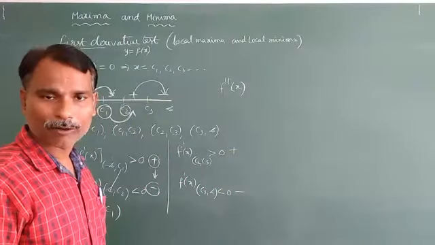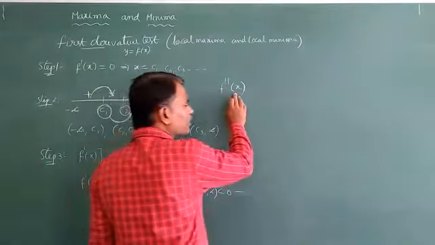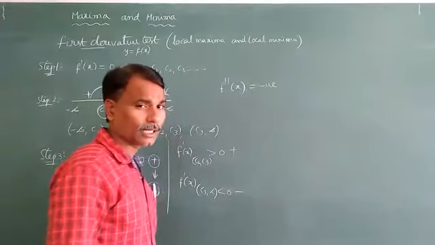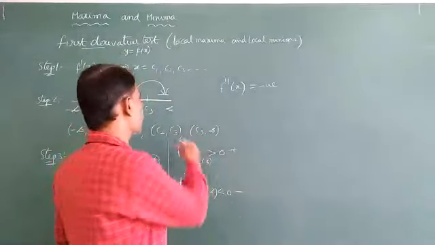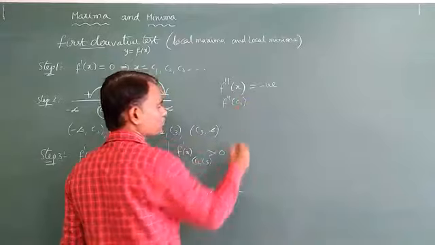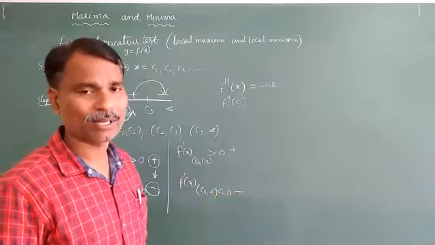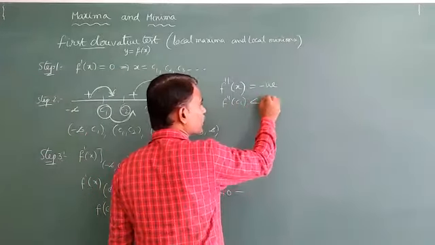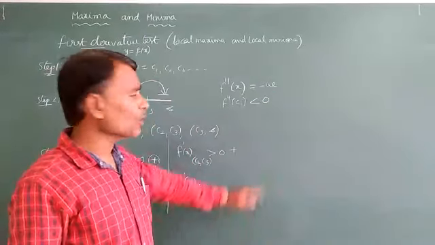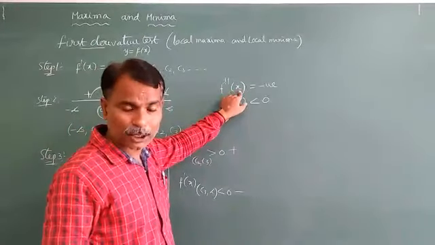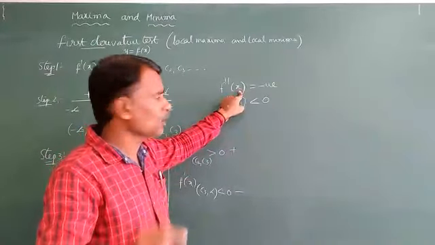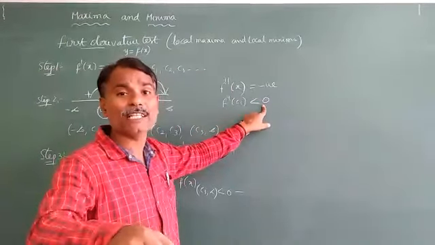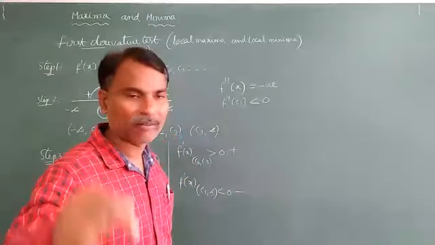Take the double derivative at the critical point, that is, f double dash of c1. If the f double dash of c1 value is negative, that is less than 0, then the given function has a maximum there.